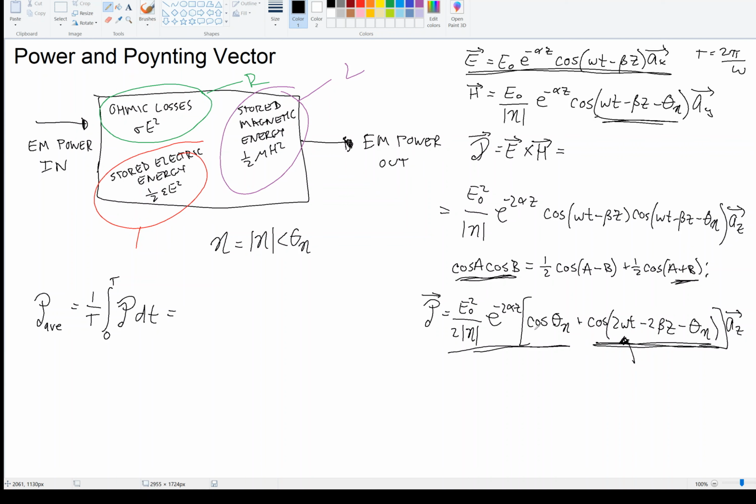So I can just tack on the capital T and divide by T. And that gives me a very, very nice result: E0 squared over 2 absolute value of eta, e to the negative 2 alpha z, cosine of theta eta.